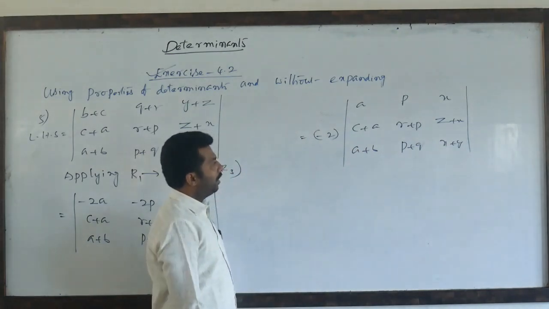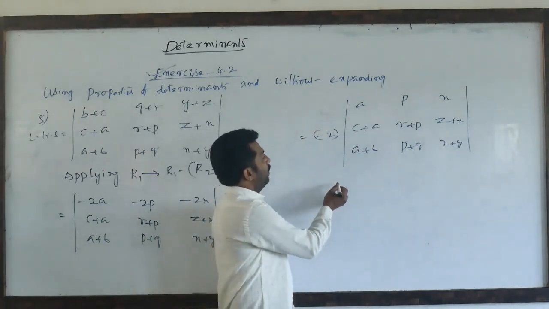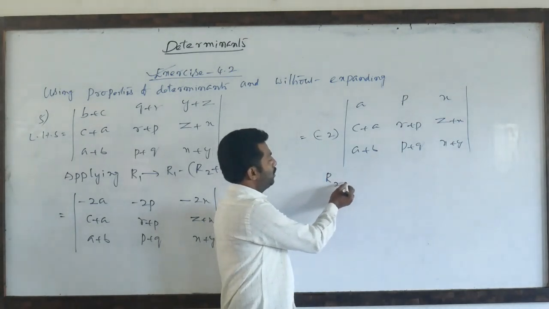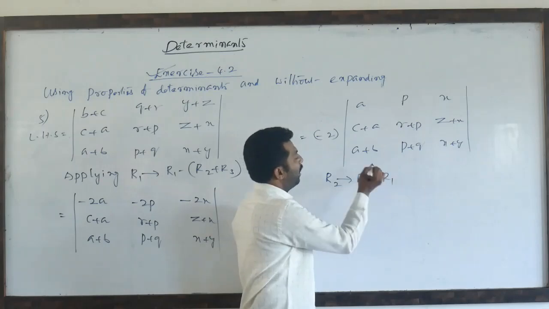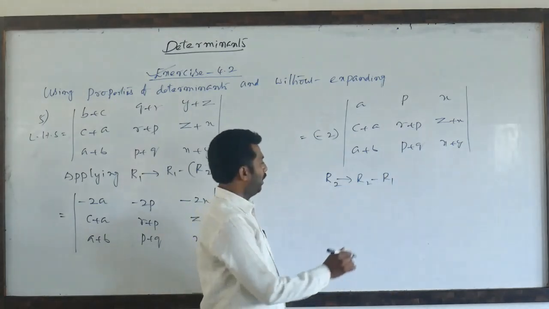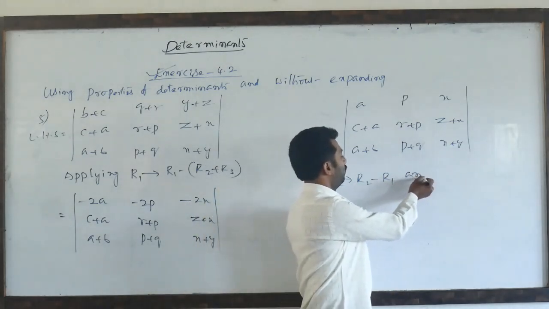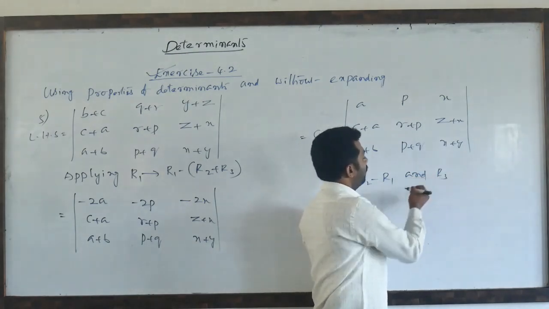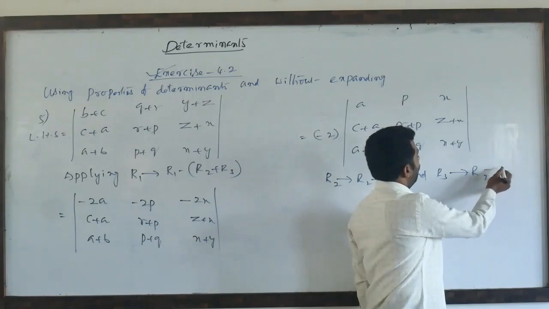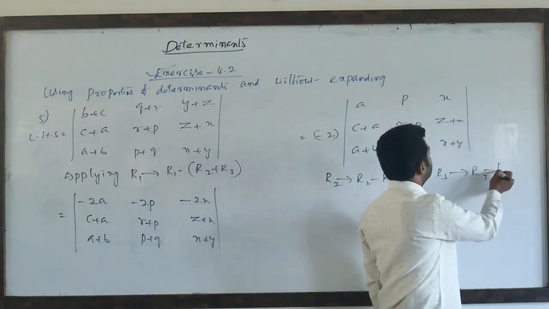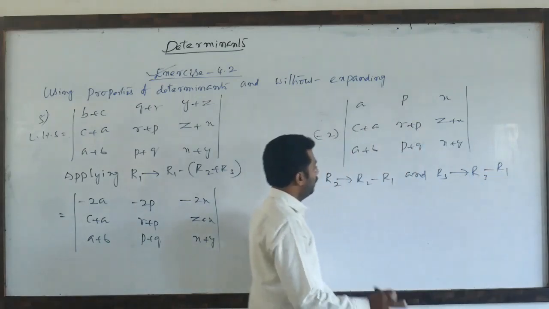Now, another step. R2 changes to R2 minus corresponding R1 elements, and at the same time R3 changes to R3 minus corresponding R1.